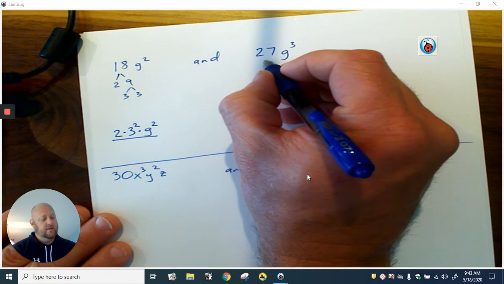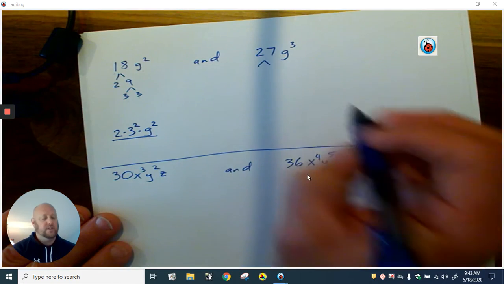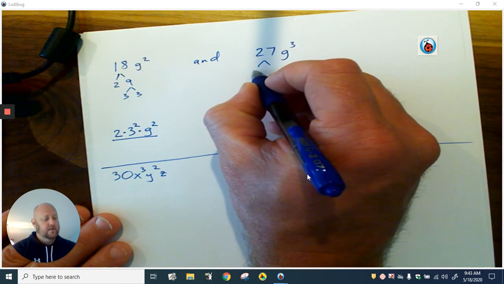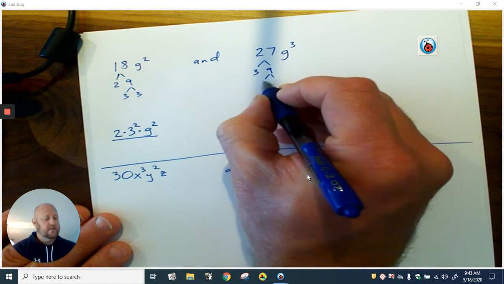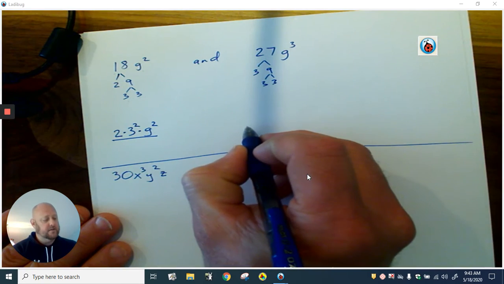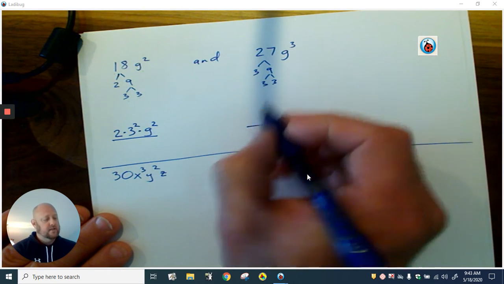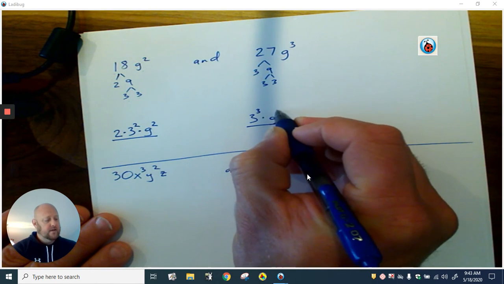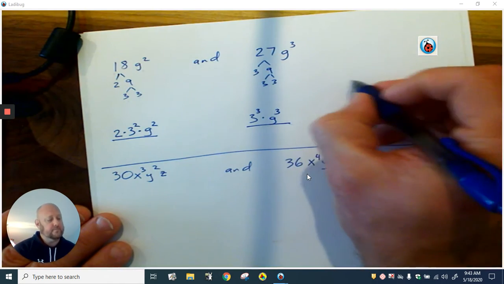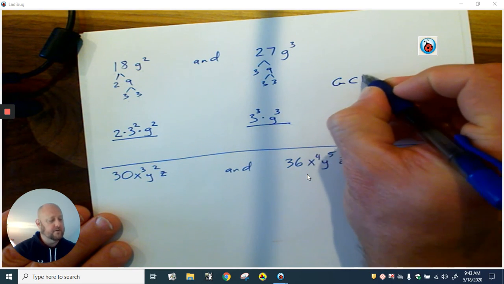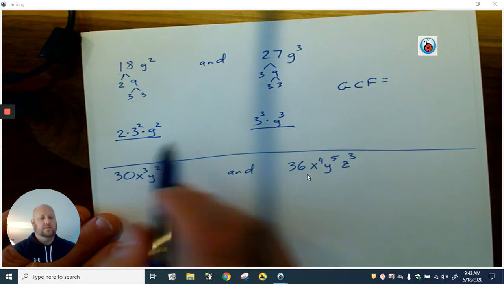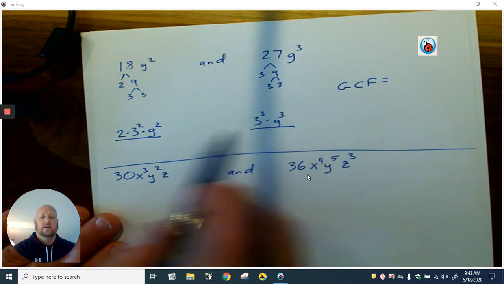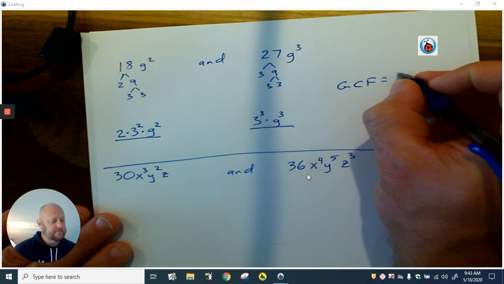We do the same thing for 27g to the third, which would be, we got 3 and 9, 3 and 3. So basically 27g to the third means I have 3 3s and 3 g's. And then the GCF, again, what do these both have in common? They both have 3s.